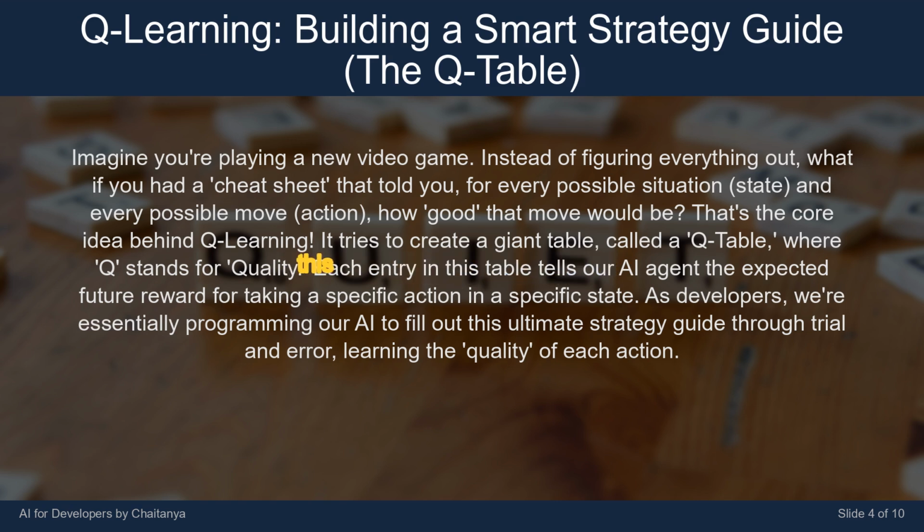Each entry in this table tells our AI agent the expected future reward for taking a specific action in a specific state. As developers, we're essentially programming our AI to fill out this ultimate strategy guide through trial and error, learning the quality of each action.